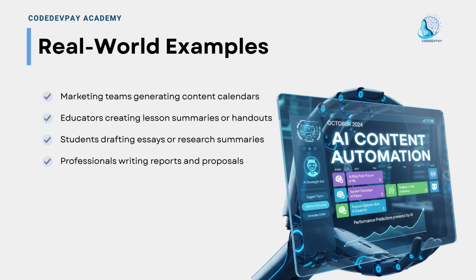So for the first one, marketing teams generating content calendars, there is already a course on Code FP Academy that is using ChatGPT for content creation, and you have a very wide or broad explanation of how to use it. For that lesson we used ChatGPT, but you can use any of the LLMs to generate the content calendar, then you sync it to your Google Calendar. So you can revisit or enroll in that lesson and have a fair idea of how to do that.